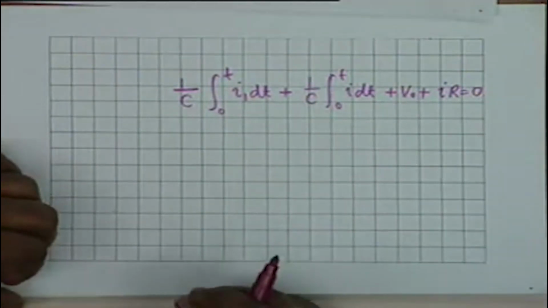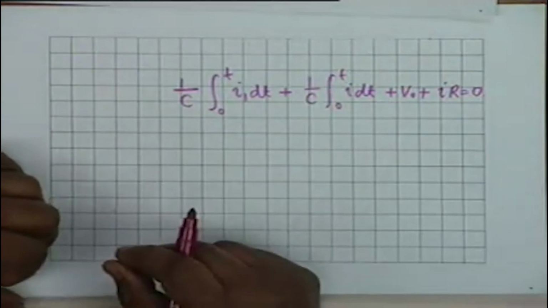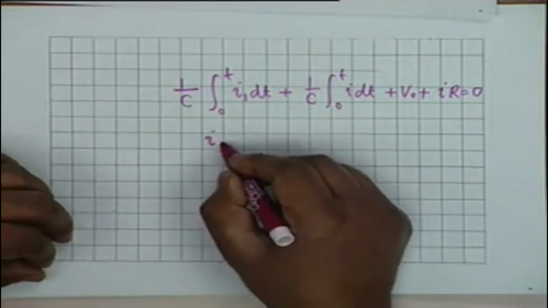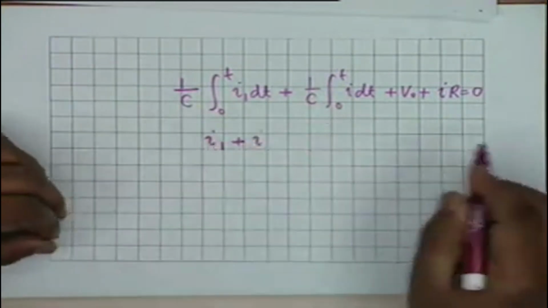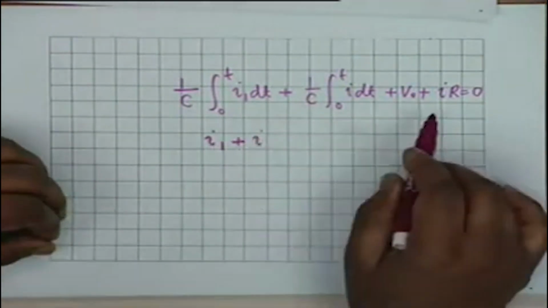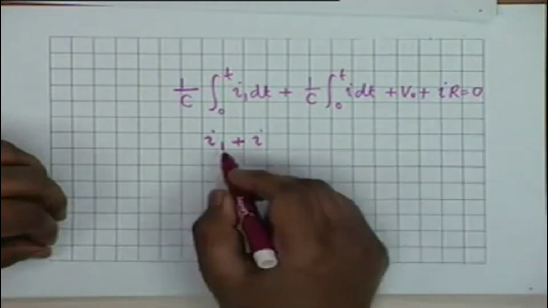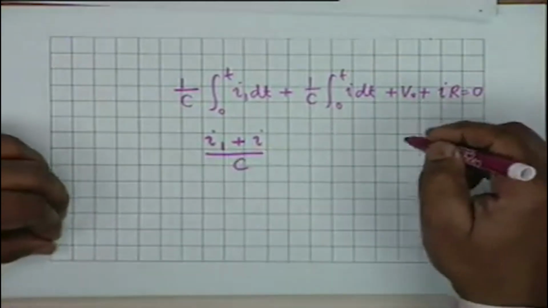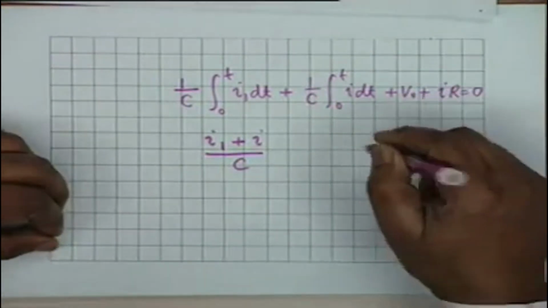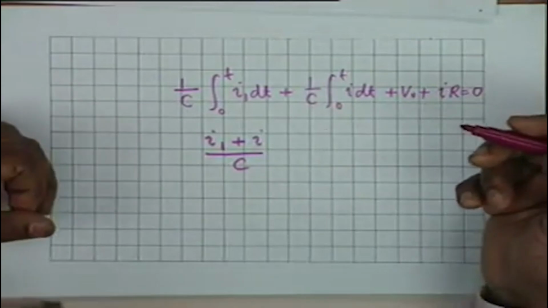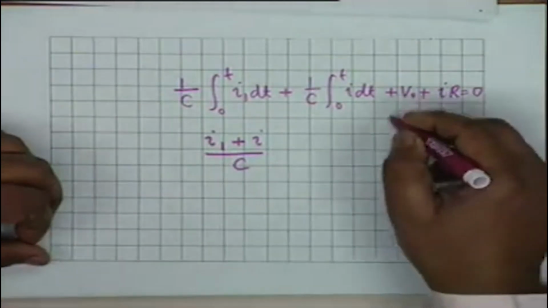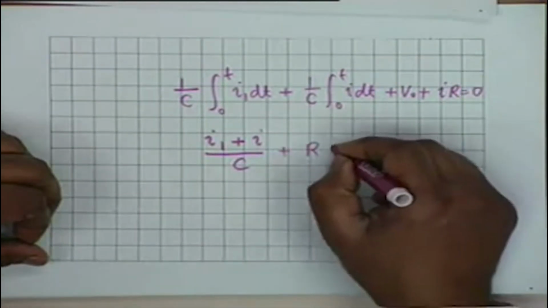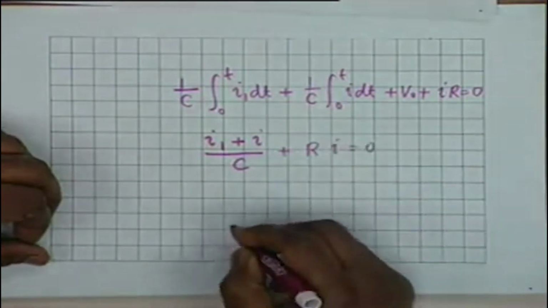Alright? We convert this into a differential equation to start with. So what I get is I1 plus I, if I differentiate both sides. Is there a question on this? No. I1 plus I divided by C, even if you had made a mistake in putting the sign of V0, it would not have mattered, right? Because you are differentiating, differential coefficient of V0 is 0, so plus R di dt equal to 0.